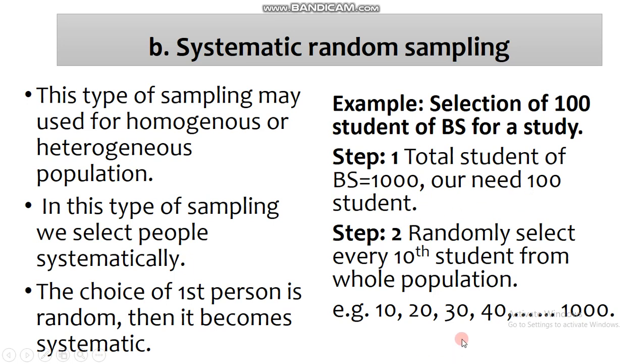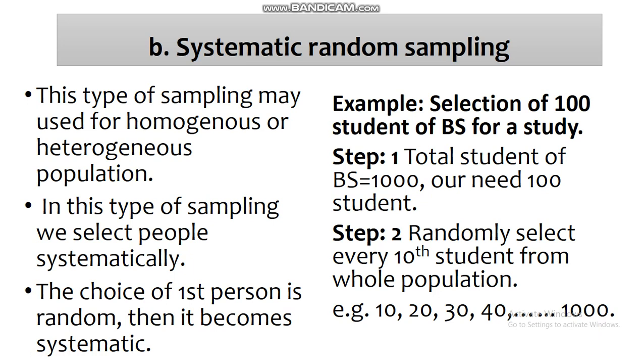Now in this sampling, we select every 10th student from the whole population. For example, we select the 10th student first, then the 20th, 30th, 40th, and go on up to 1000, similarly the 980th student and the 990th student.